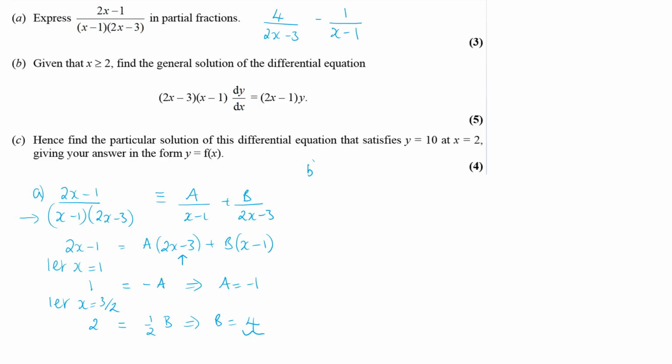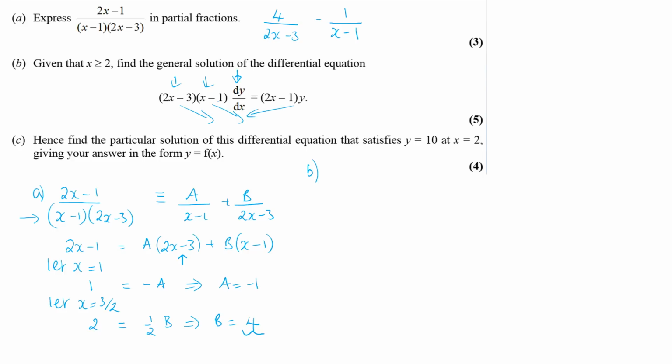Then in part B, we're being asked to find the general solution of this differential equation, and we can see that it's a first order differential equation because it contains dy by dx. Now what do we do here? We separate the variables and integrate. All these terms involve x, so they need to come down, and the y needs to cross.